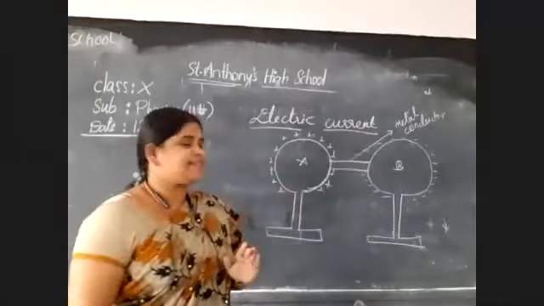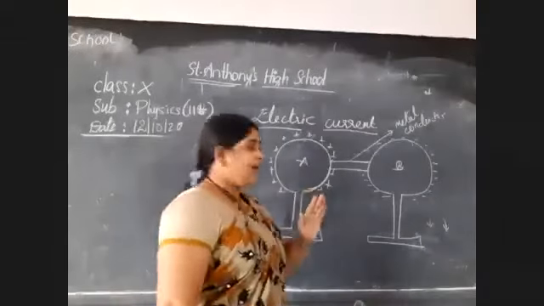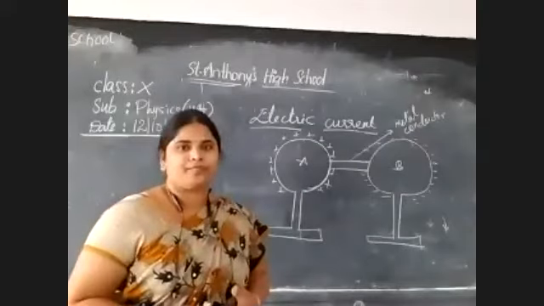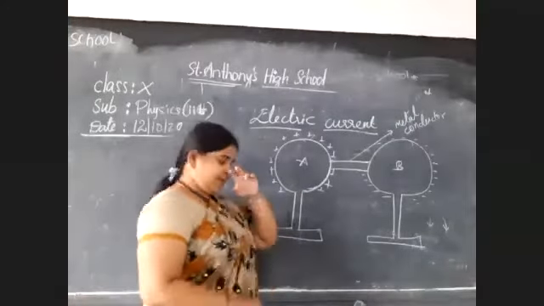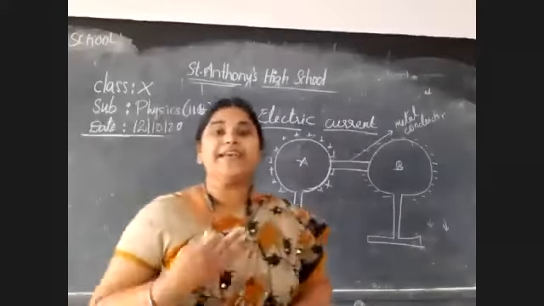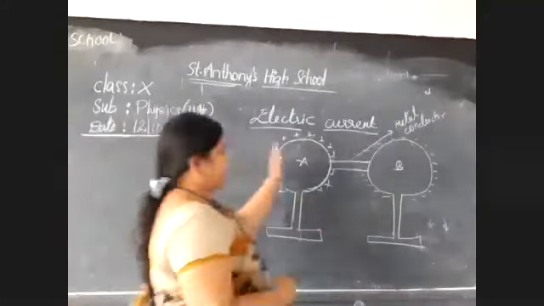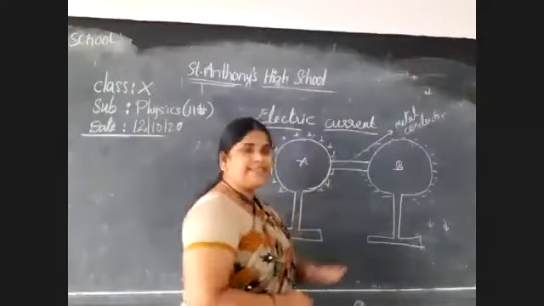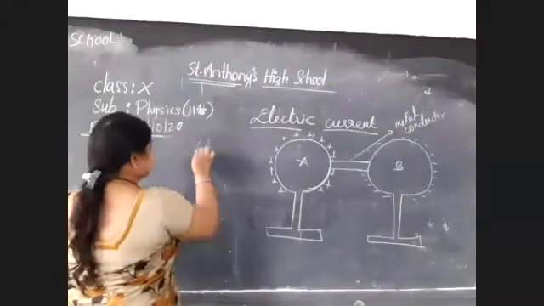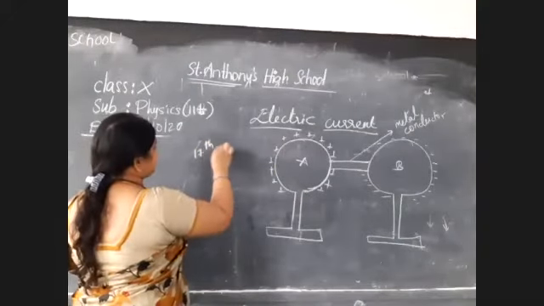Now the question is, from which sphere will the electric current flow? This theory was given in the 17th to 18th century.